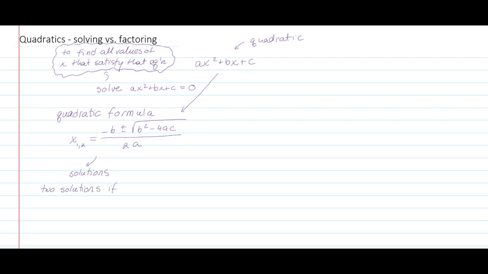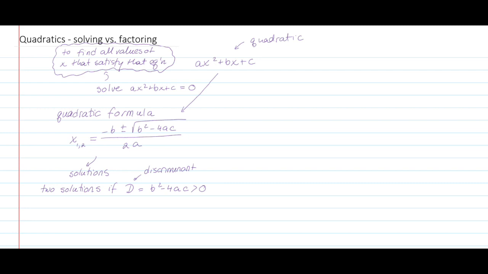if the discriminant, so this is called the discriminant, which is equal to b squared minus 4ac, in other words, what is underneath the square root, is a positive number, greater than 0.